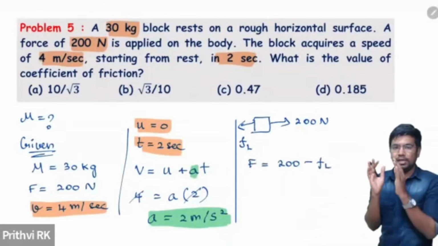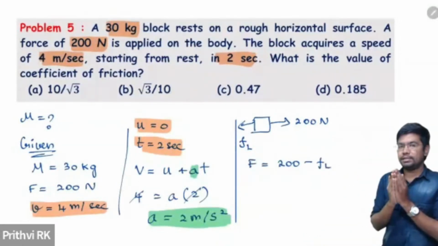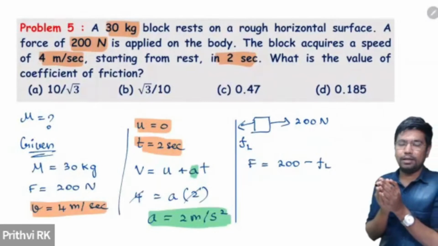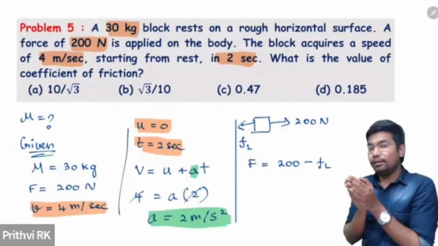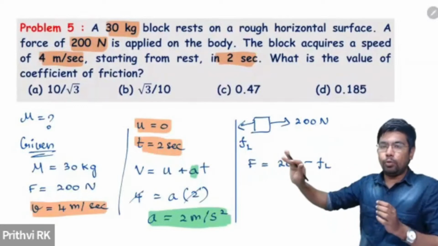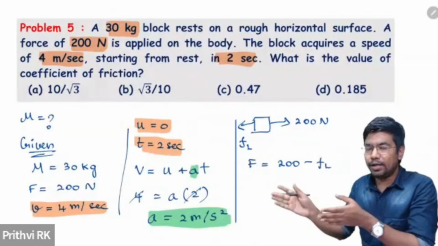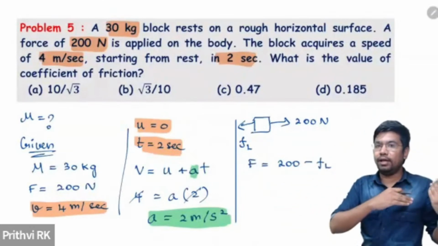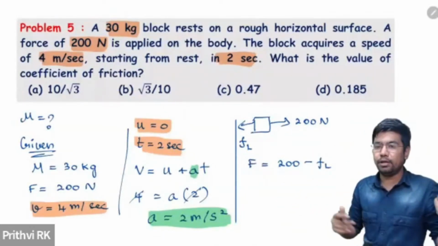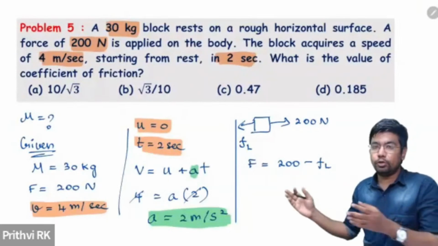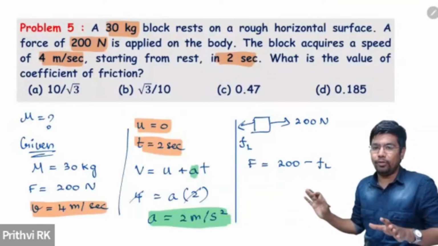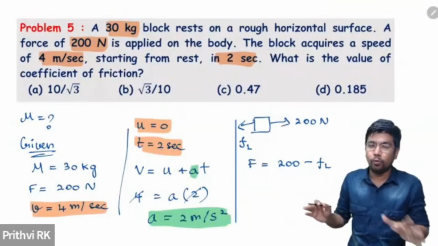They are saying a 30 kg block has a 200 Newton force acting in one direction, so the frictional force acts in the opposite direction. So the total force on the object should be 200 minus FL, right? So we have written the force like this.